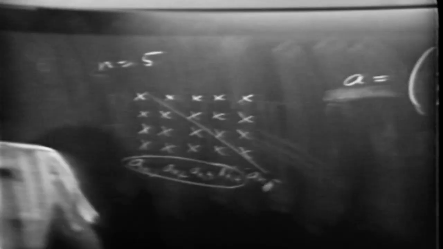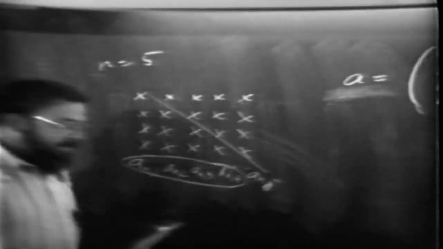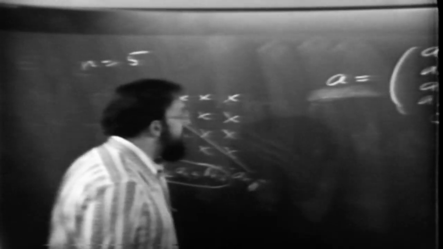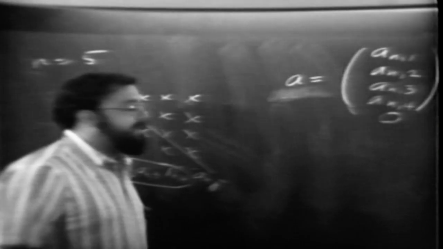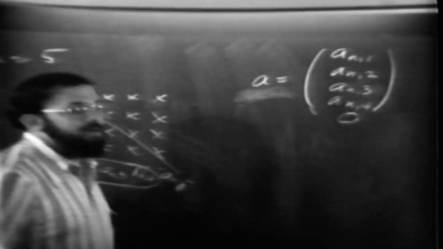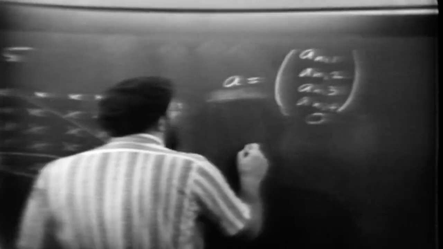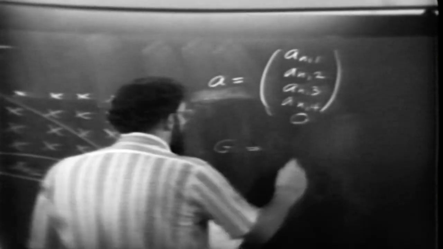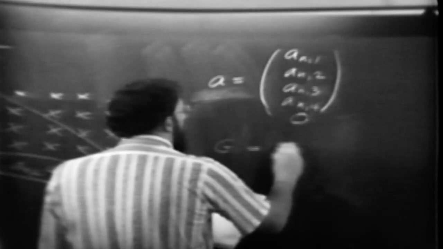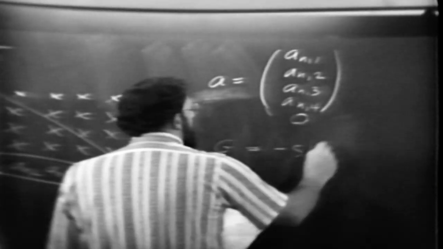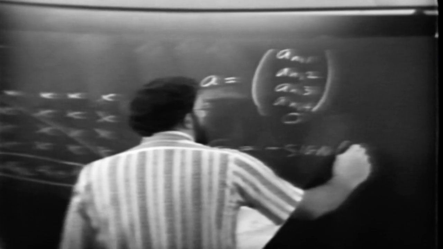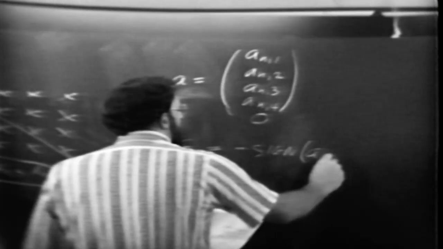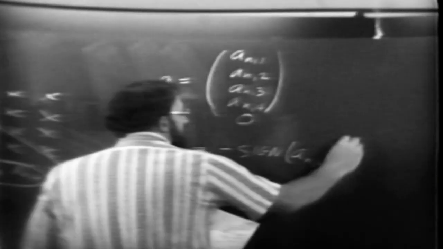first 3 of them. Now, the first part of the process is to compute the length of that vector. And in the Algol, and hence in the Fortran code, that's called g, for I have no idea why. And g is defined to be minus the sign of an4 times the length of a.